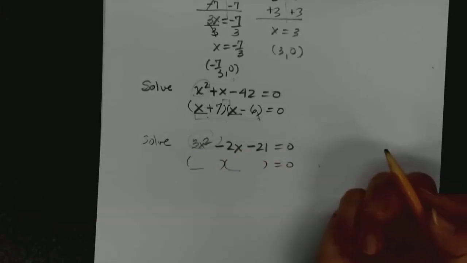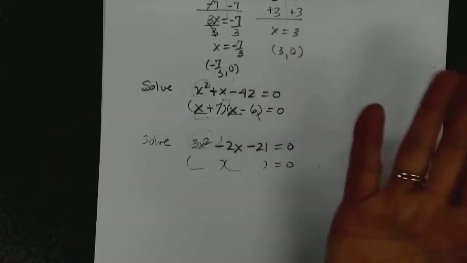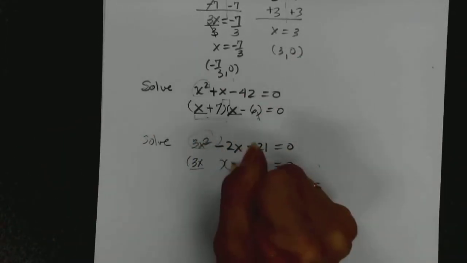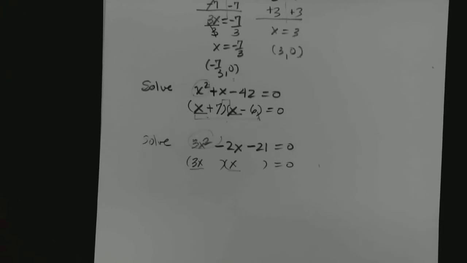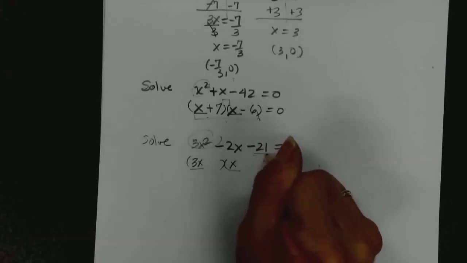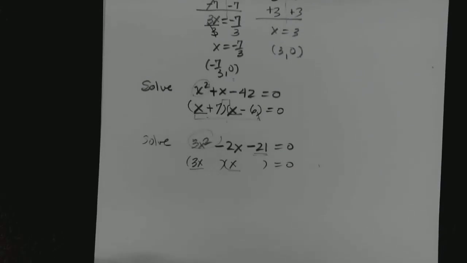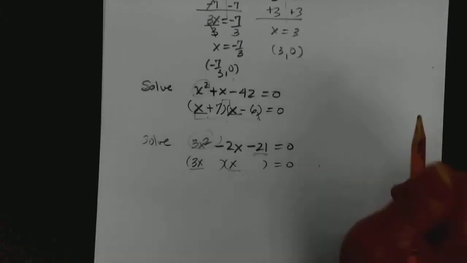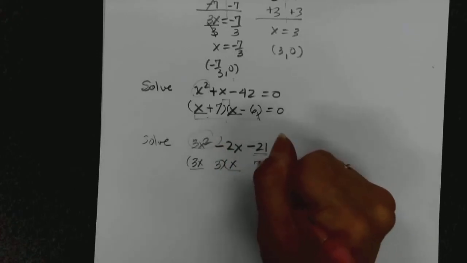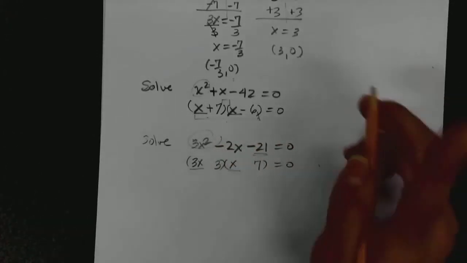Well, 3 can only be divided by 3 and 1. 3 times 1 is 3. So you just do 3x and x. 3x times x is 3x squared. Now, what times what is 21? 7 and 3. So I'm going to put the 3 here and the 7 here. But one of them has to be negative and one has to be positive.